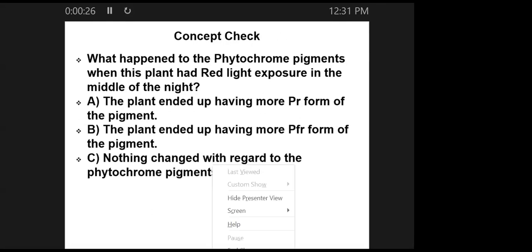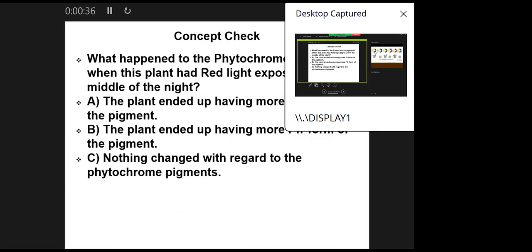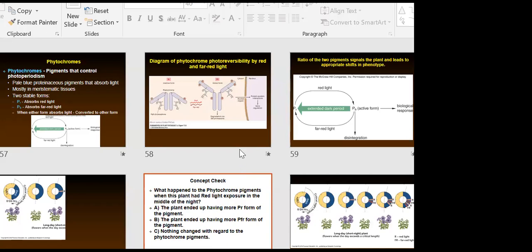Let me see if I can do this. Can you see? Are you getting in? Okay, my computer really does not like iClicker. I'm going to go over this DTL tomorrow. All right, so they snuck in, hit it with red light. What happened to the phytochrome?